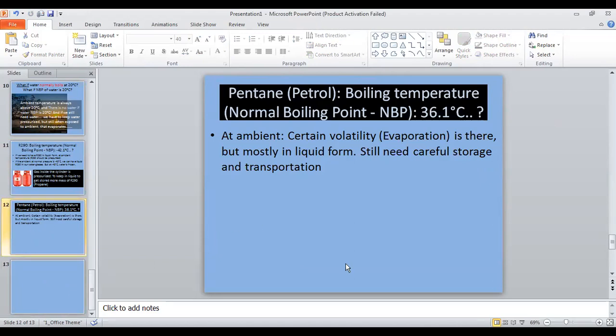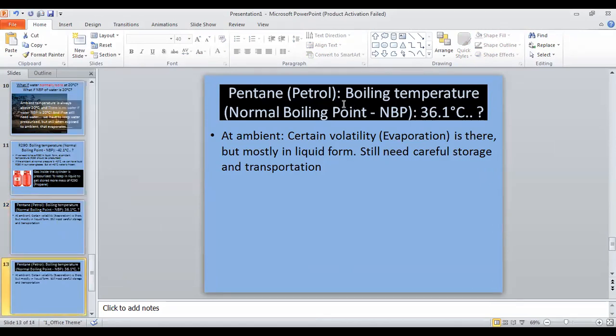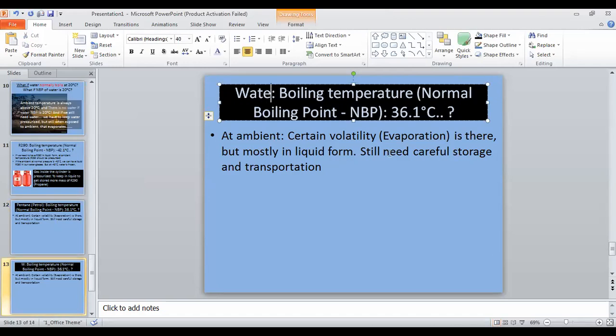Now, I'm going for the water. Back to what? What? 100 degrees Celsius.